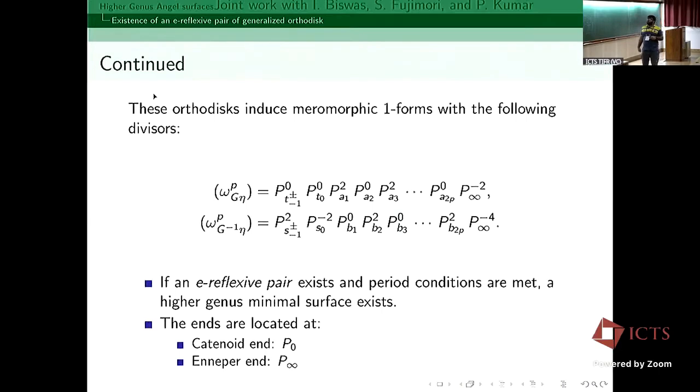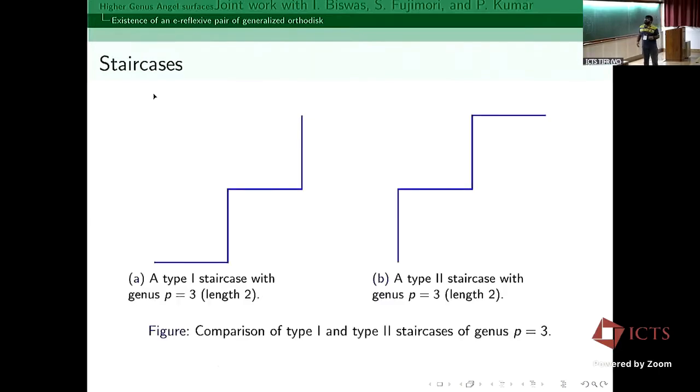Before going any further, I want to define a geometric object, which we call staircases. Just have a look at this shape. We copy this shape by alternating angles, so pi by 2, 3 pi by 2, pi by 2. And here, look at this shape. We copy this shape and attach the copies such that the angles alternate.